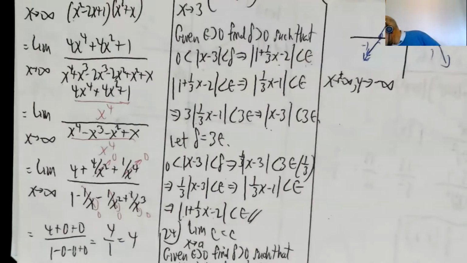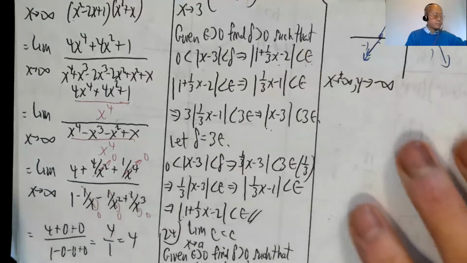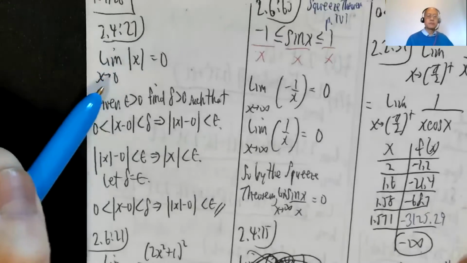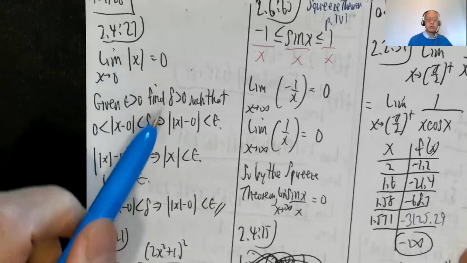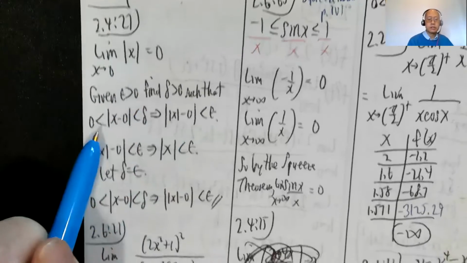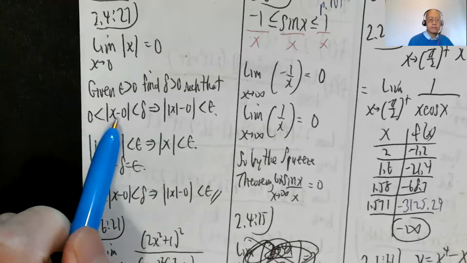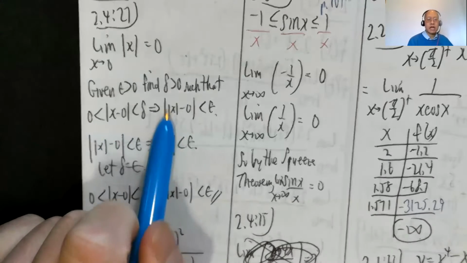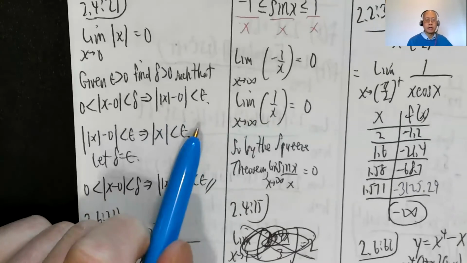Okay, now getting back to a lot of stuff that we did in previous sections. Okay, going back to 3.427, limit as x approaches 0 of absolute value of x is equal to 0. Given epsilon greater than 0, find delta greater than 0 such that 0 less than absolute value of x minus 0 is less than delta implies absolute value of f of x, which is absolute value of x minus 0, is less than epsilon.